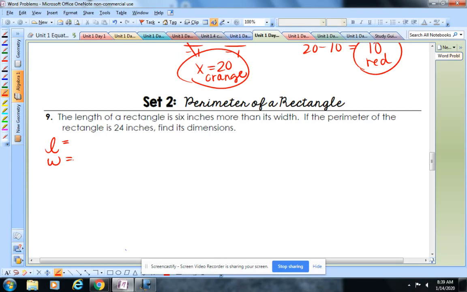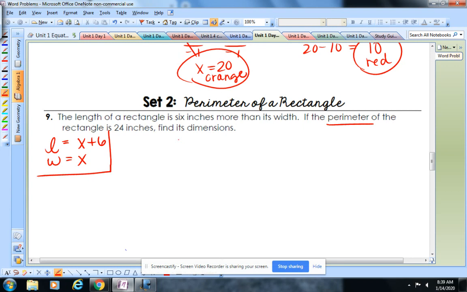The length of a rectangle is 6 inches more than its width. So going back to what we're doing, we're going to call the width x. What do you think we're going to call the length? X plus 6. Y'all agree? All right, now it's talking about a perimeter. Now, don't perimeters of rectangles have their own special formula?